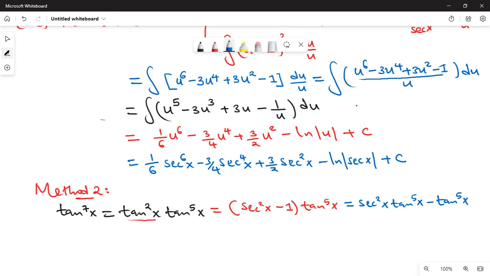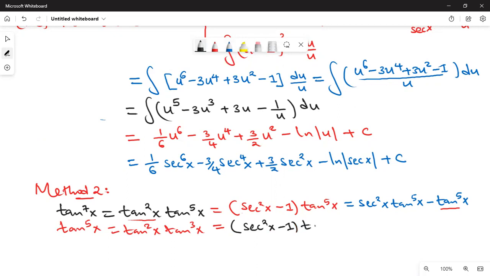Now, I need to know what this tan raised to 5 of x is. I need to replace this again. So again, we can write that tan raised to 5 of x can also be written as tan squared x times tan cubed x. But what is tan squared x? Tan squared x is the same as sec squared x minus 1.